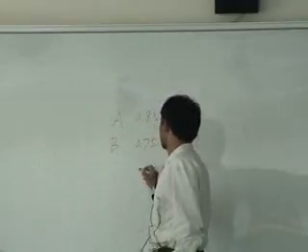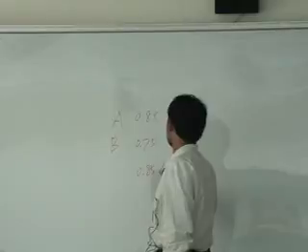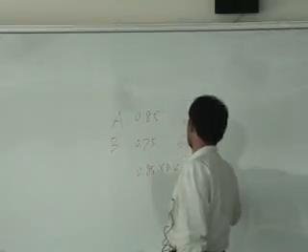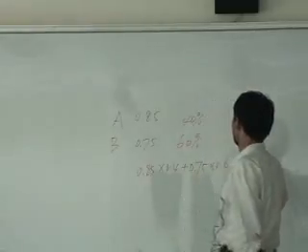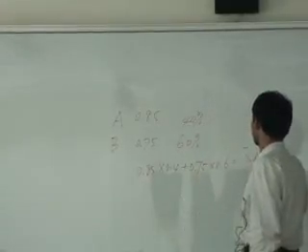That would be 0.85 times 0.4 plus 0.75 times 0.6. And so you can get a number here.